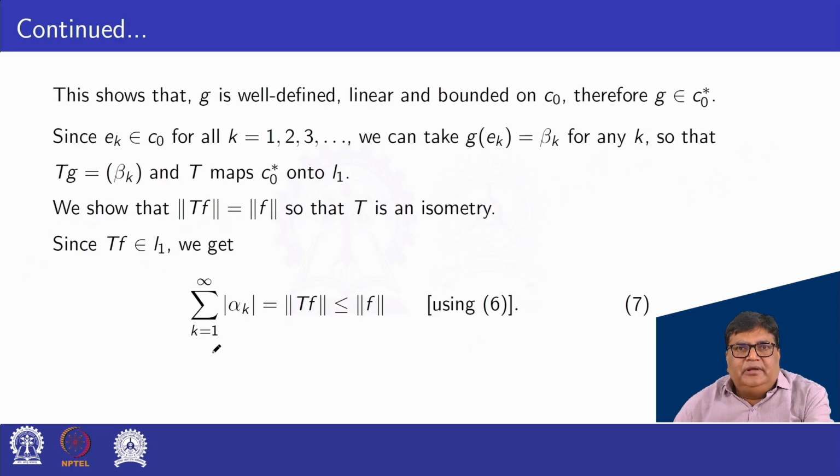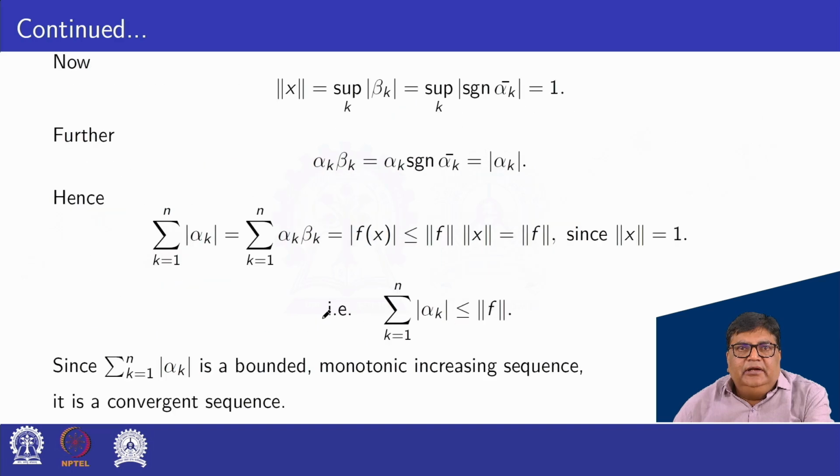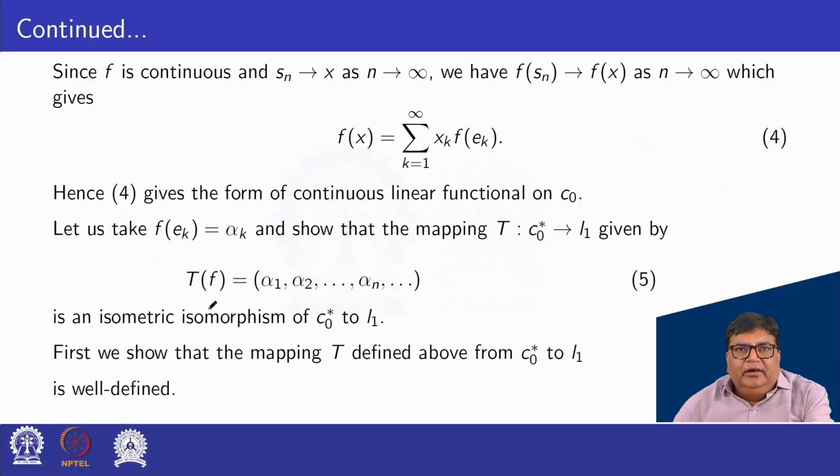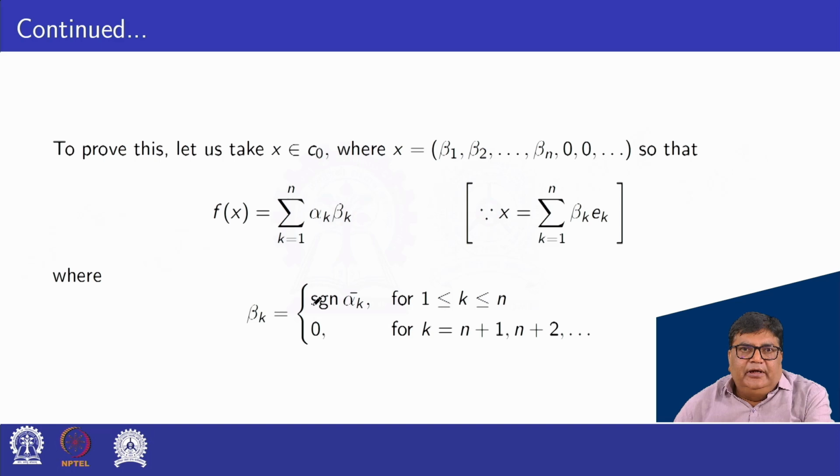We get the summation k equal to 1 to infinity of mod alpha k equal to the norm of Tf, because Tf is the sequence alpha 1, alpha 2 and so on. So if f belongs to C0 star, then the norm of Tf equals the summation k equal to 1 to infinity of mod alpha k.